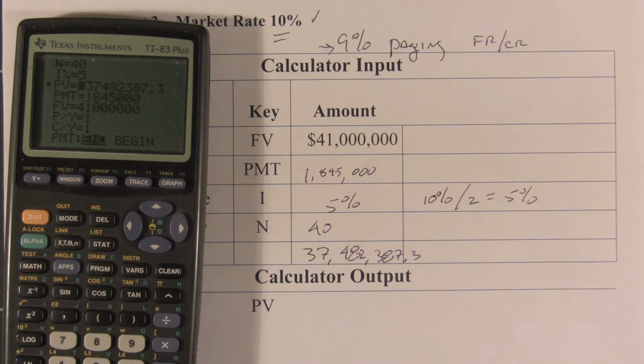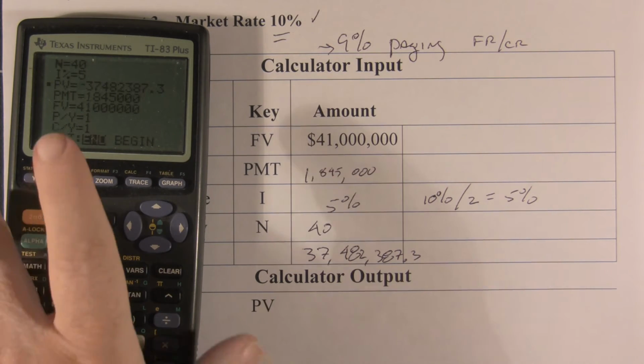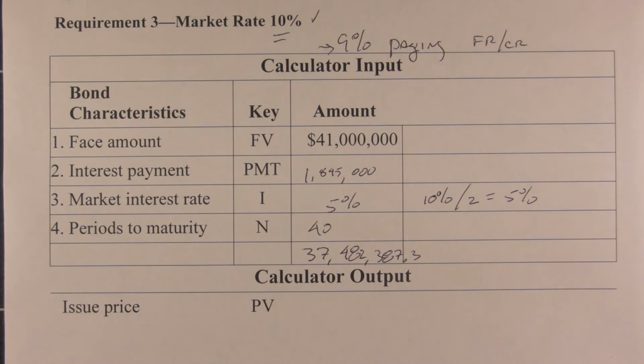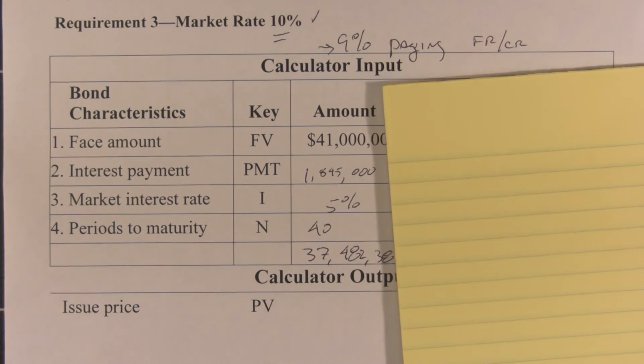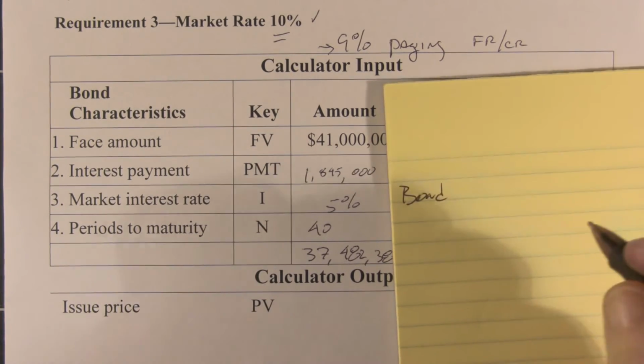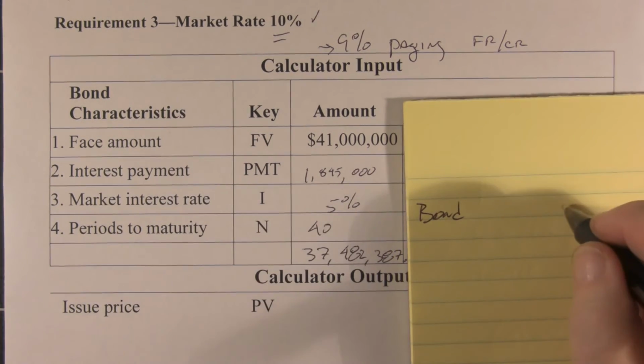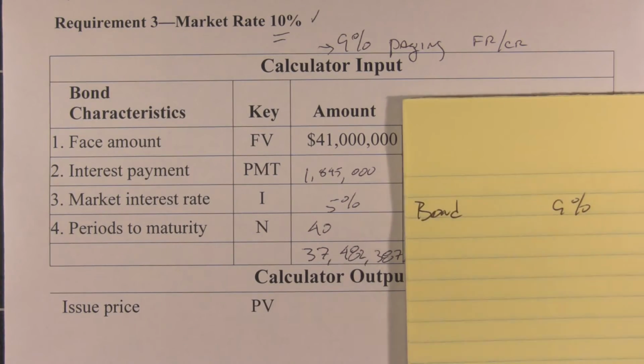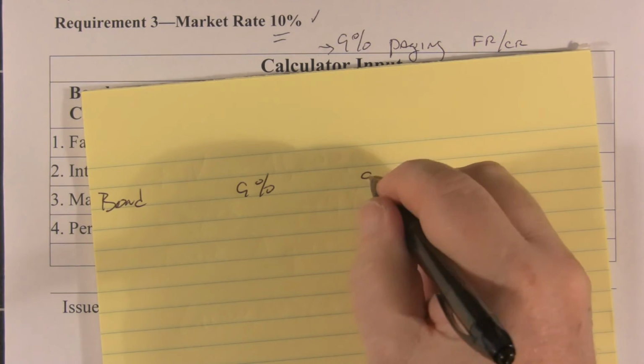At this point, it might be instructive to just take a quick look at what happens, because we had 3 scenarios. The bond rate was 9% for all.